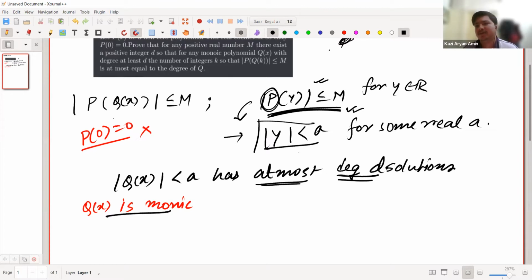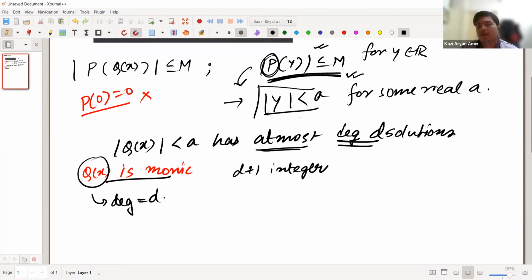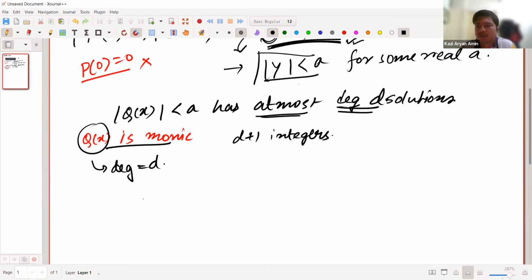So the idea is we will use Lagrange interpolation. Suppose the degree of q of x is d, then we will use Lagrange interpolation on any d plus 1 integers, and we will try to bound stuff. What do I mean by bounding stuff?